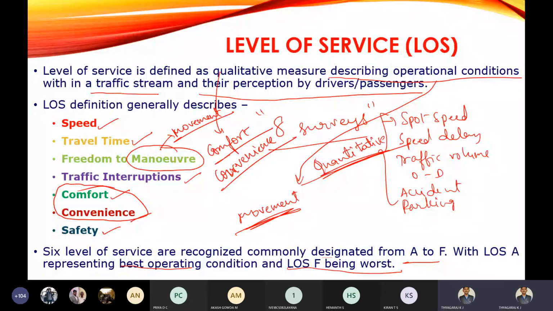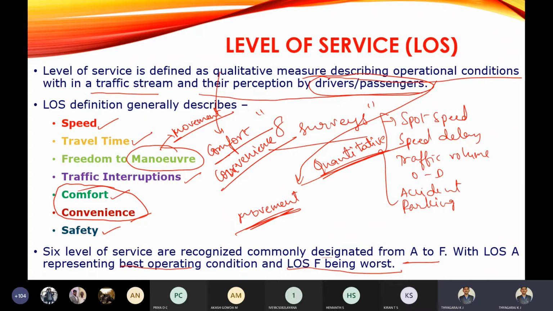Then there are 6 levels of service. How do we measure them? With respect to the perception of drivers and passengers, we are going to measure this level of service. A being the good operating condition, F being the worst operating condition.